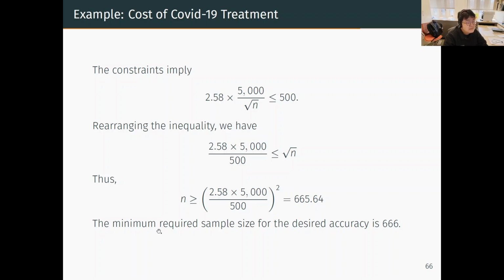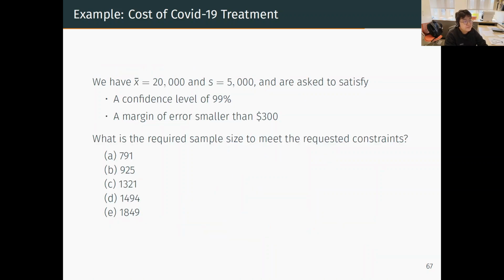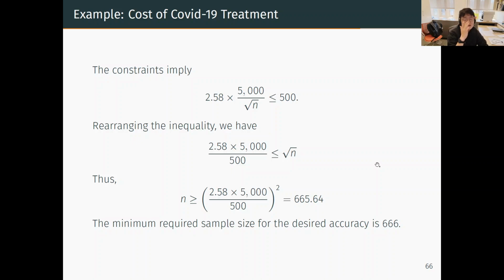So the minimum sample size you need is 666. This is how we use our confidence interval margin of error formula to design your survey and experiment, and it is the starting point of survey design and experiment design.